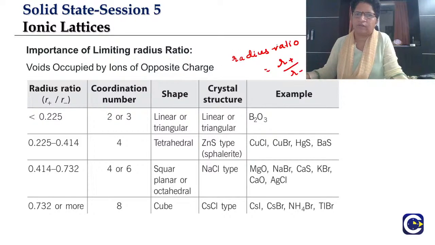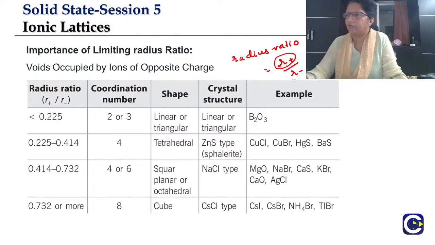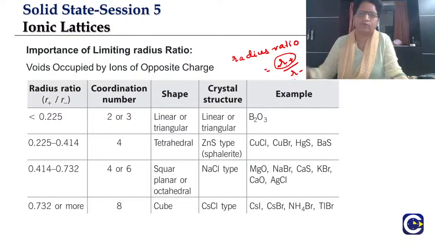Generally, the smaller ion would be the cation, so we take it as the radius of cation to the radius of anion. These radii will be constant. Based on the values, we can say whether the coordination number is 2, 3, 4 and so on.